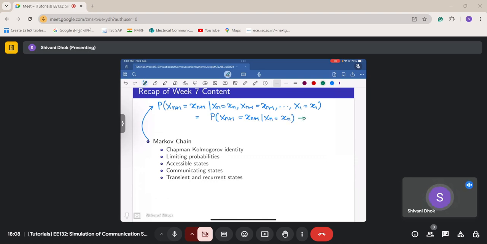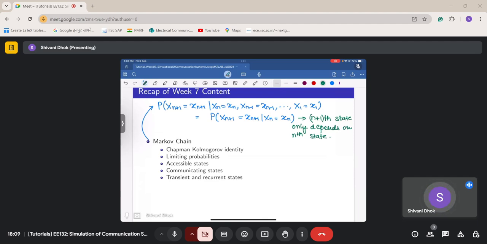What does it mean? It means that the (n+1)th state only depends on the nth state. So this is by definition.